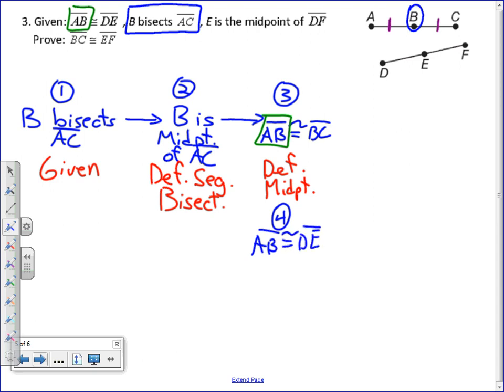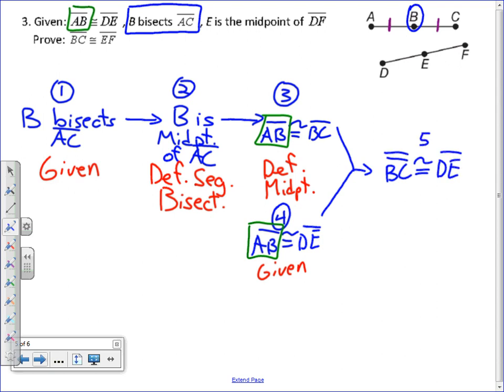That's a given statement. Notice I don't have an arrow going to this. It's just a given statement. It stands by itself. And then because of both of number 3 and number 4, since they both have segment AB congruent to something else, the segments that AB is congruent to are congruent to each other. So BC is congruent to DE. That's statement number 5. That's the transitive property.